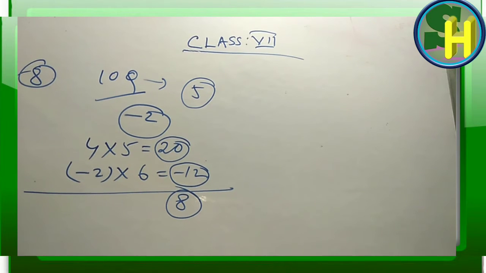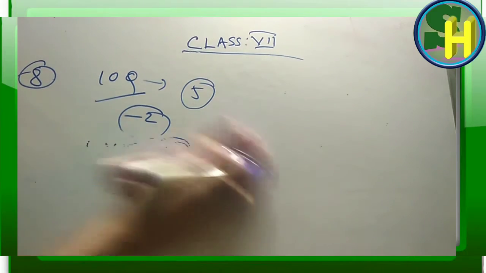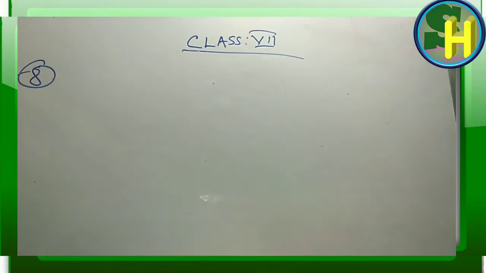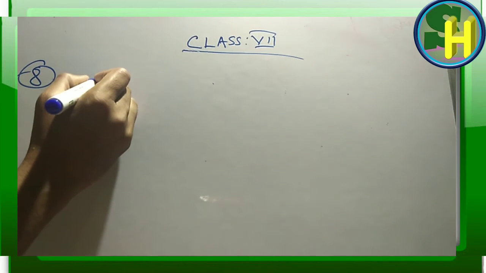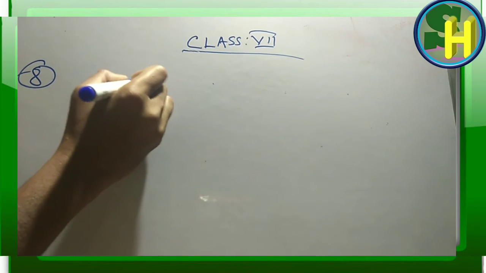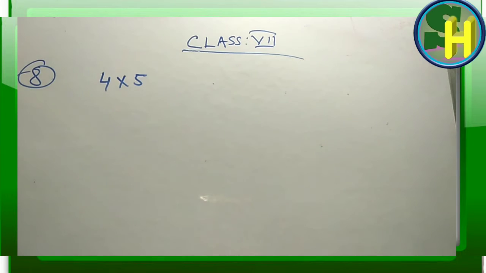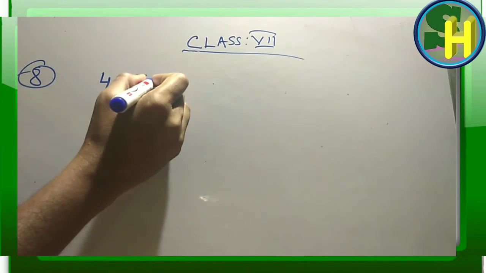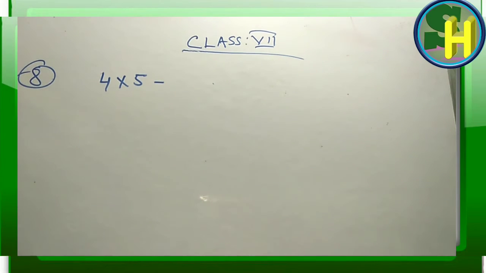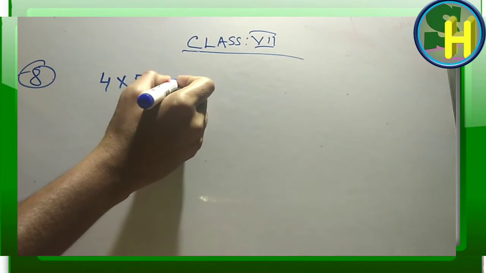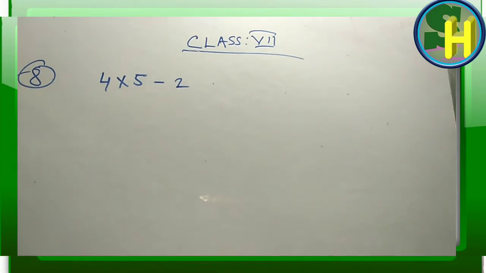Clear? It can be written this way also. Which one? 4 into 5 for each correct answer, and minus marks will be given because this is subtraction, for each incorrect question.